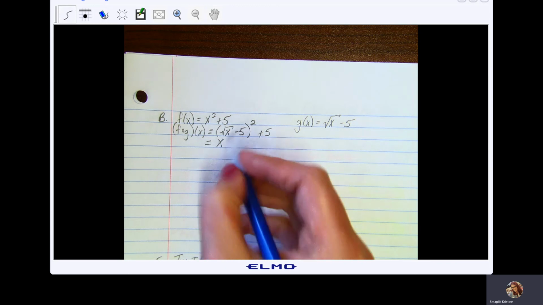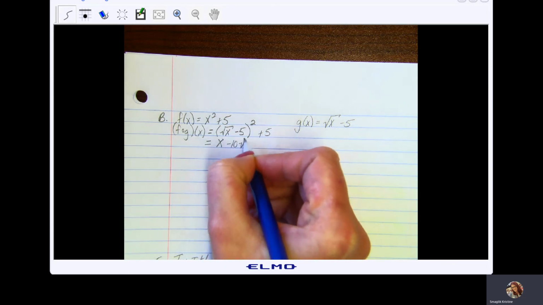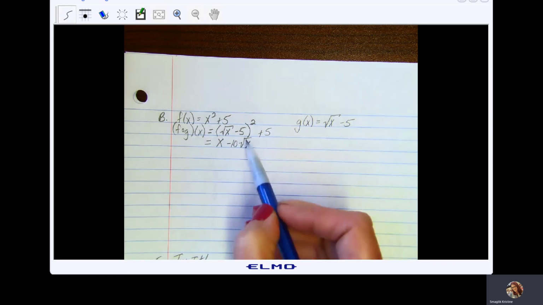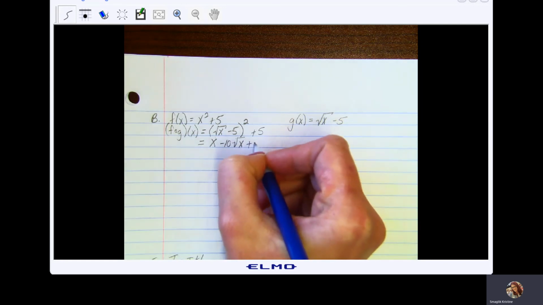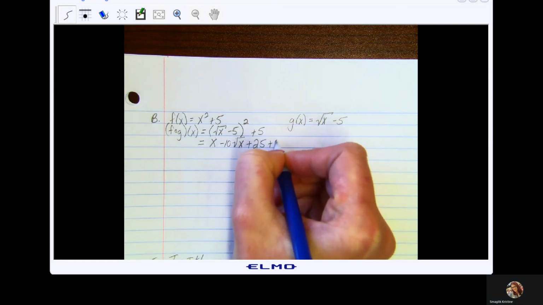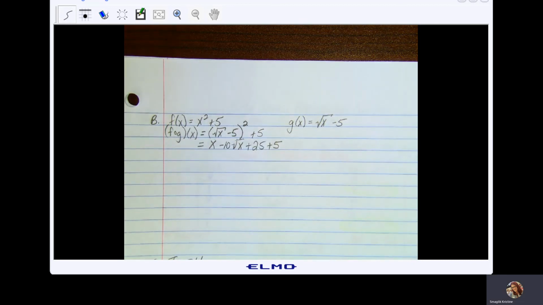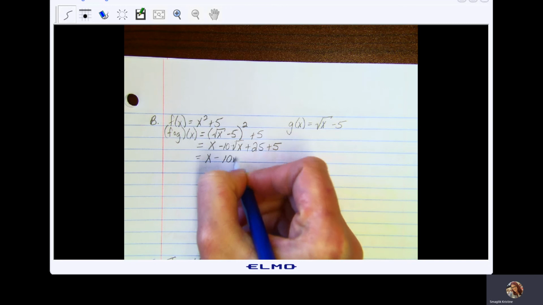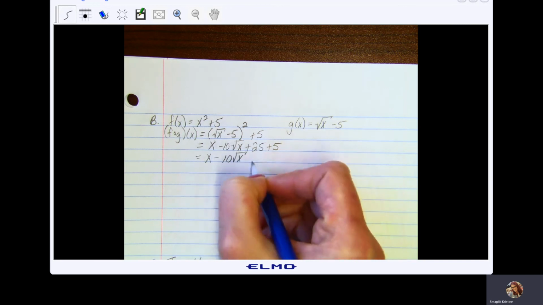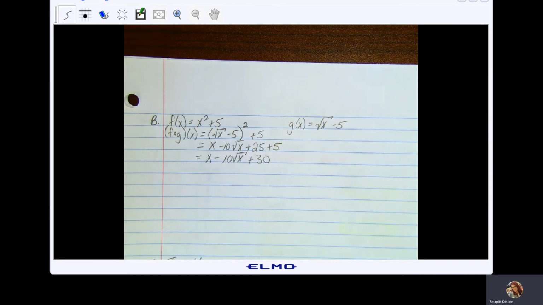I'm going to double that. I get negative 10 times the square root of x. And now my last term, my c value, negative 5 squared, is positive 25. And now when I simplify this, I get x minus 10 times the square root of x plus 30. I cannot simplify this anymore.